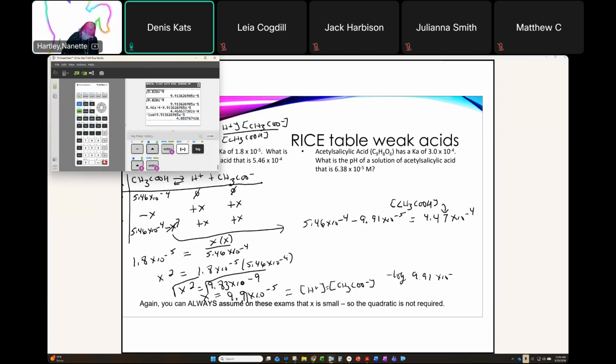Okay. So we're cool with that. I'm a little confused because I looked away for a moment to write it down. Where did that last bit come from with the negative log? This is the pH, because it asked me what is the pH. That was the actual question, was what is the pH of the solution of acetic acid?